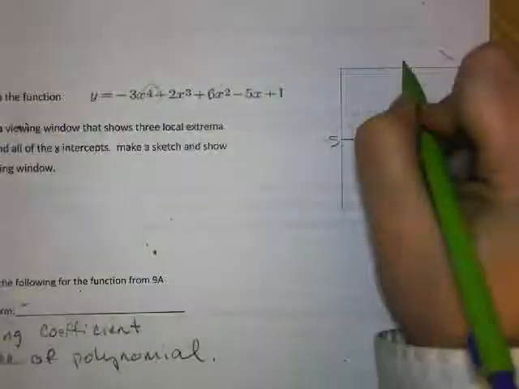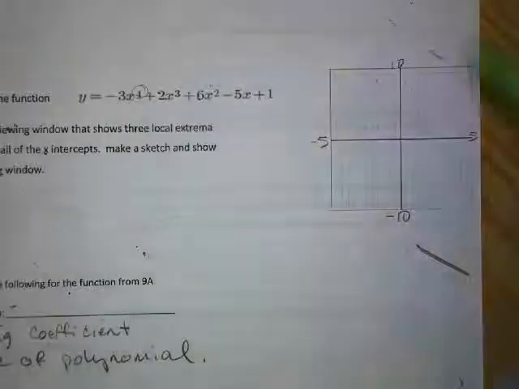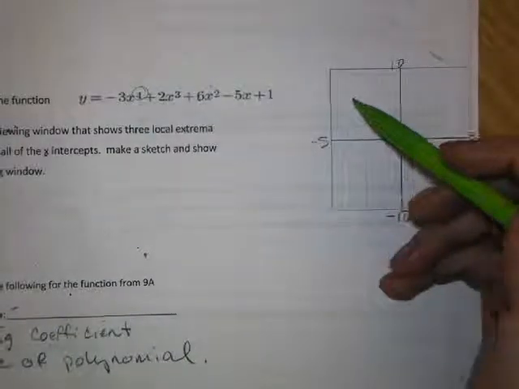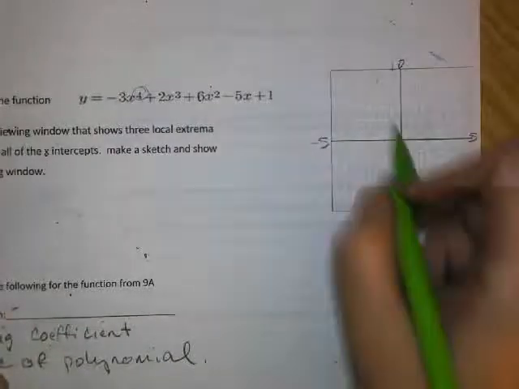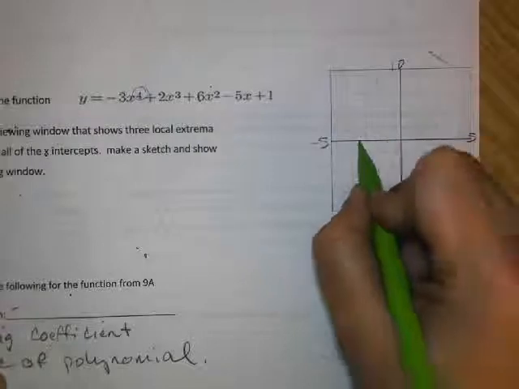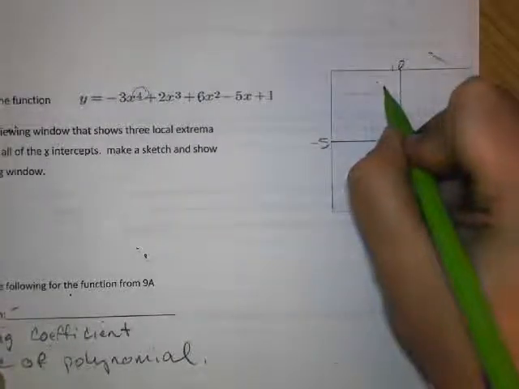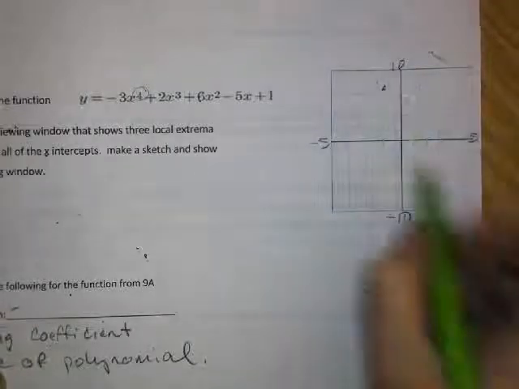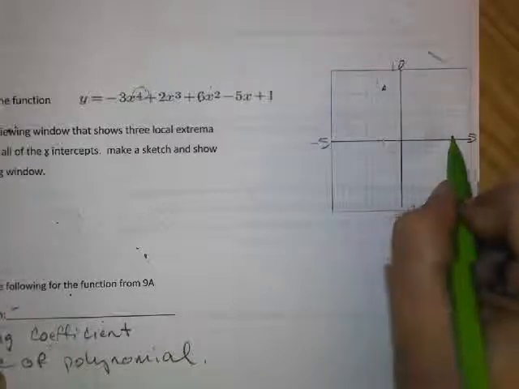But I'll just make it even. 10 there, negative 10 there. Let's see, my maximum over here was at about negative 1. So let's say 1, 2, 3, 4, 5. It's going to be here. And then way down here, a little bit before a half. 1, 2, 3, 4. So half.